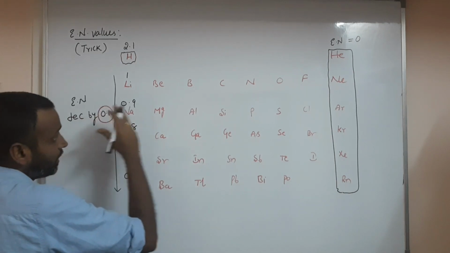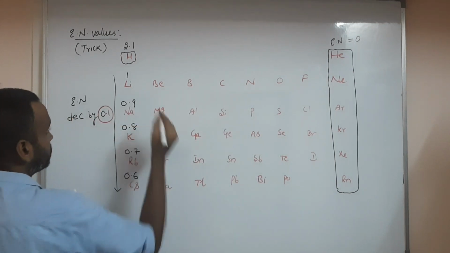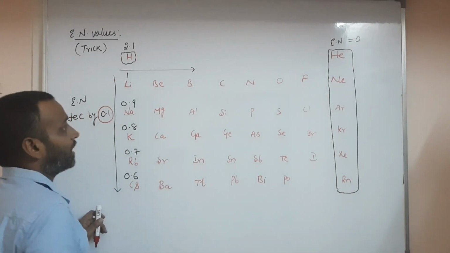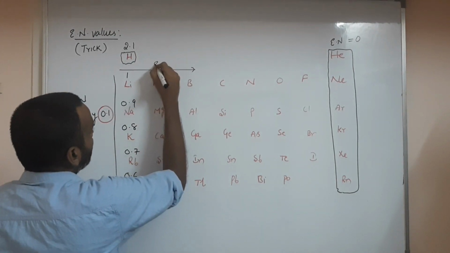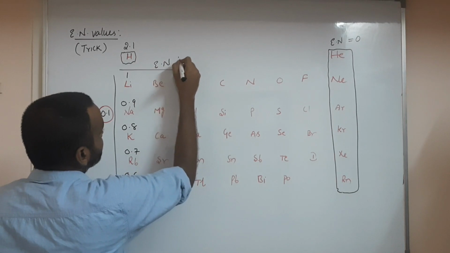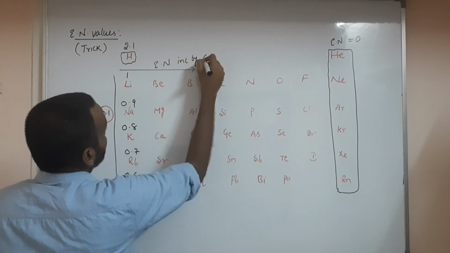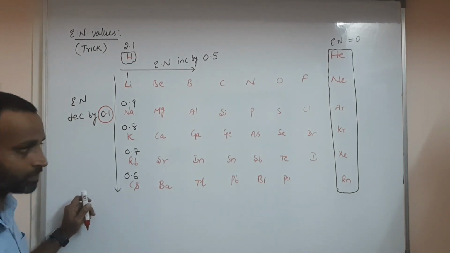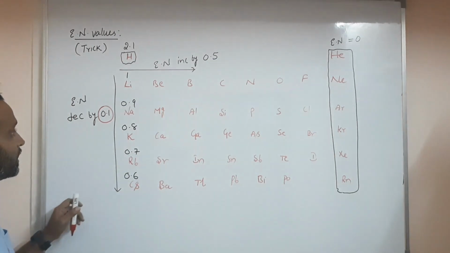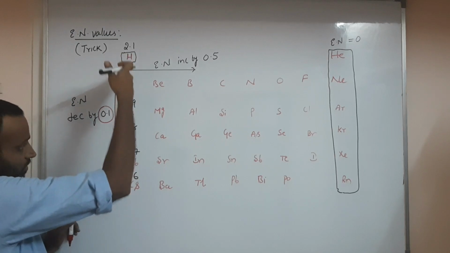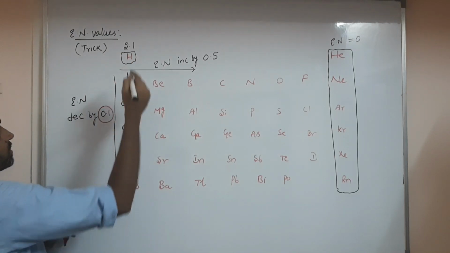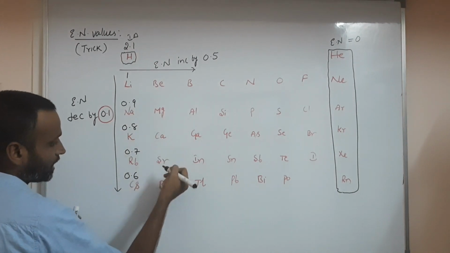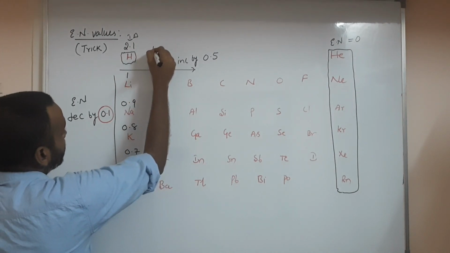Now, from left to right, write electronegativity values. What happens? Electronegativity increases by 0.5. Remember this first. I wrote top to bottom for the alkali metals, the 1A group elements, and beryllium, magnesium, calcium, strontium, barium are the 2A group elements.